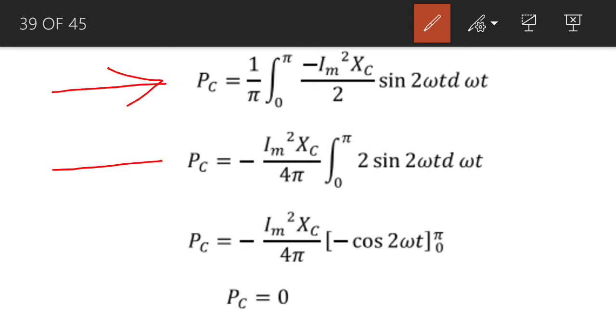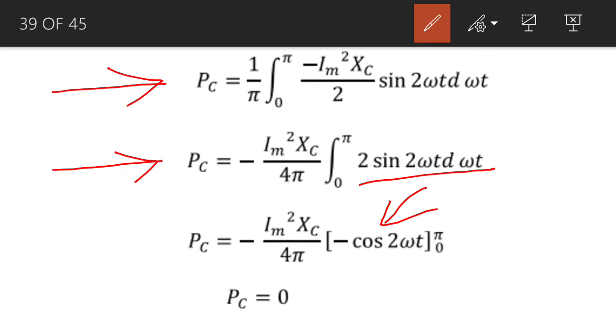The same equation can be written as minus Im square Xc by 4 pi, and then we have the integration of 2 sine of 2 omega t d omega t, and we know that the integration of this quantity results in minus cos of 2 omega t.